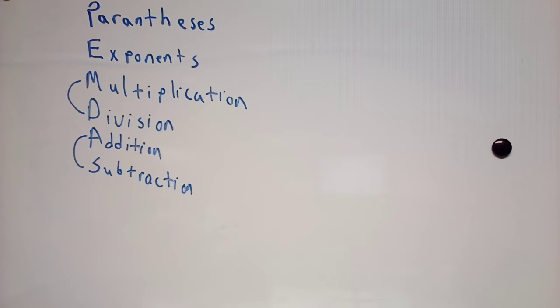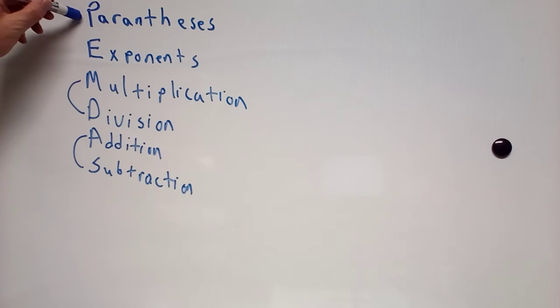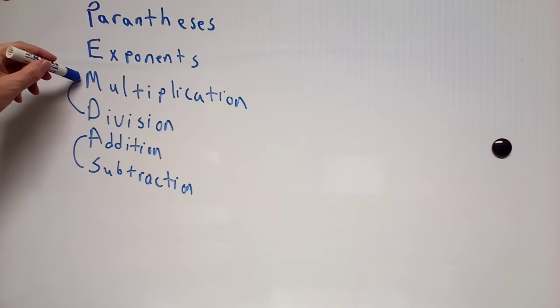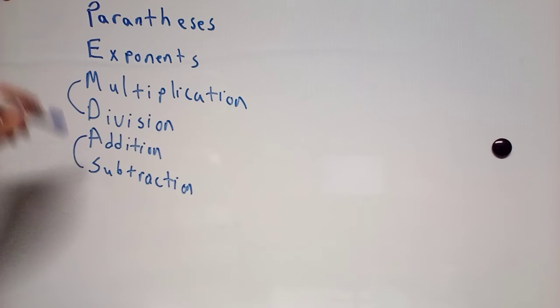I just want to review very quickly the order of operations. This is something that you've done since probably late elementary, early middle school math. You've probably heard the expression, please excuse my dear Aunt Sally: P for please, E for excuse, M for my, D for dear, A for Aunt, S for Sally.